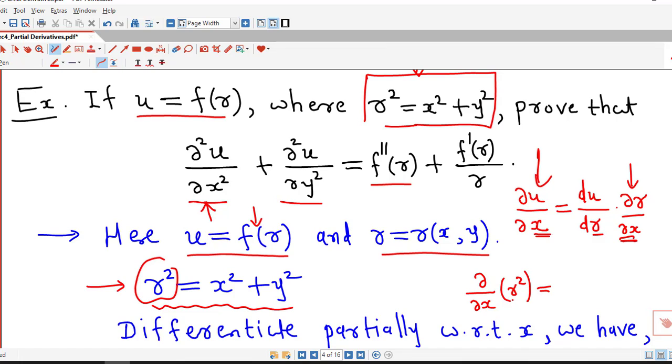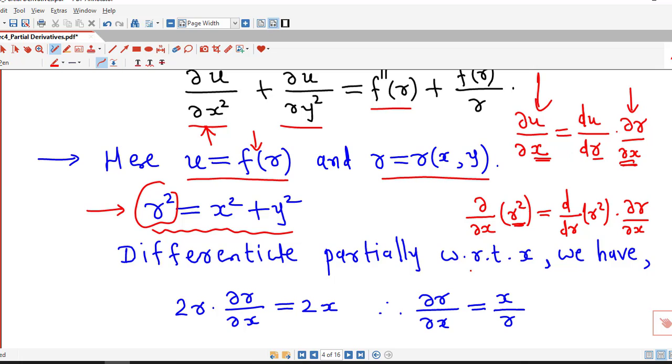Now r square is a function of r, but r is a function of x and y. So here also we will apply chain rule. First we differentiate r square with respect to r, into, in the product, del r by del x. So this is by chain rule.